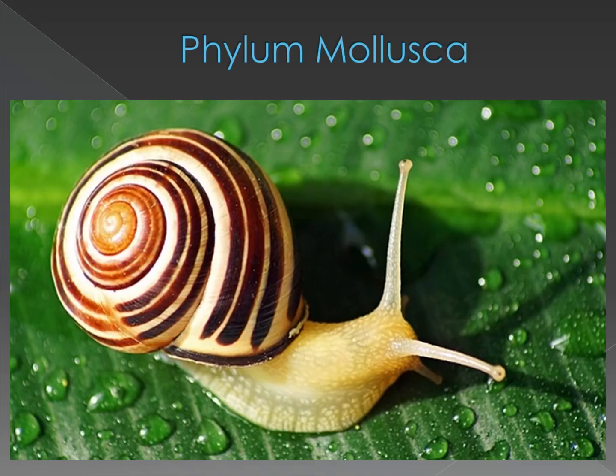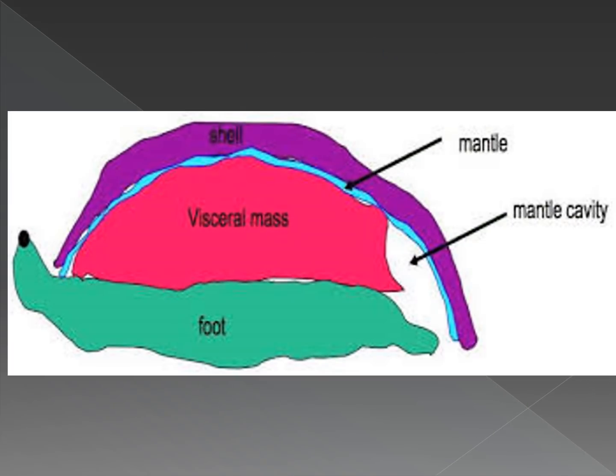Here in the mollusks, the body can be divided into three parts. You have the foot, you have the head, and you have the visceral mass. So foot and head, obviously you must have understood. Visceral mass means the part which is present just beneath the shell.